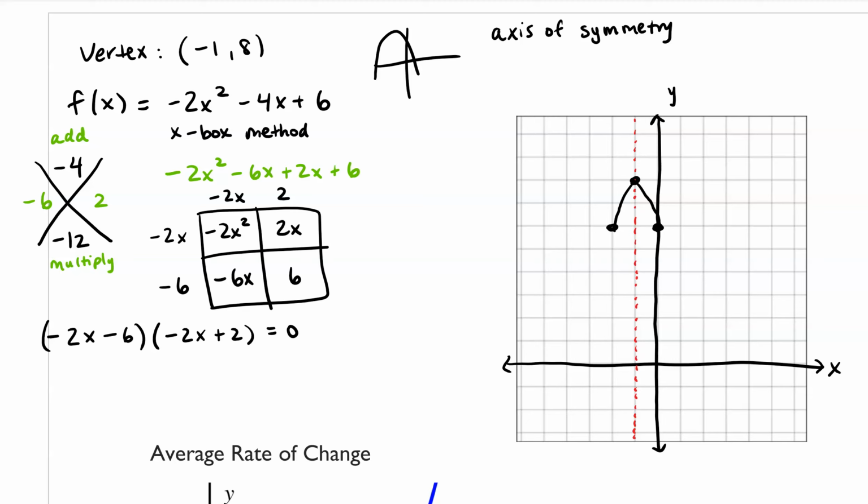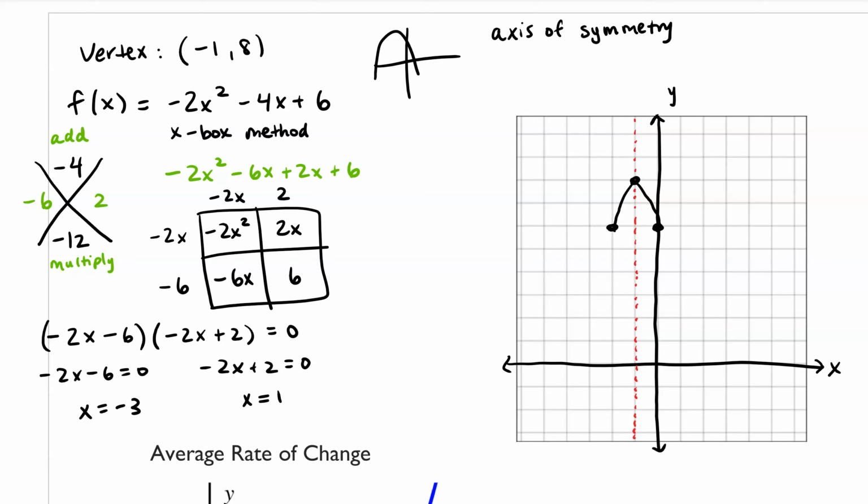Now, I can set both of these things equal to 0 and solve for x. So if I solve those, then we get x equals -3 and x equals +1.